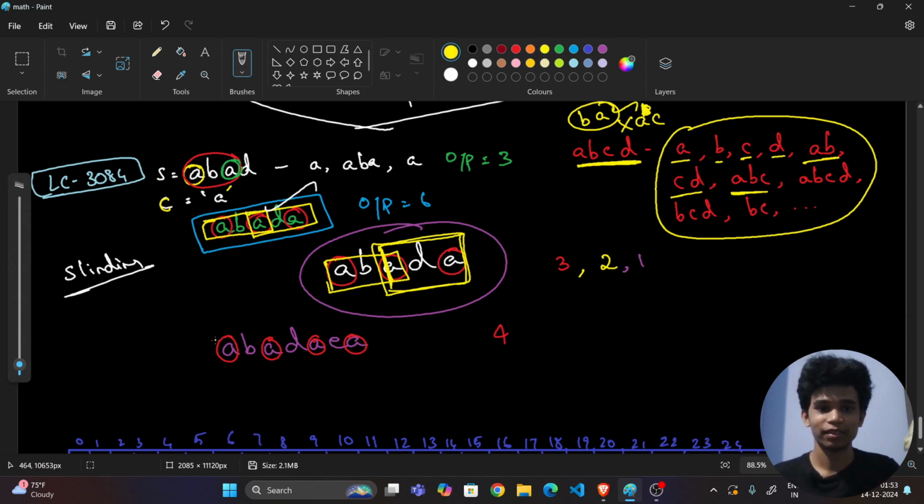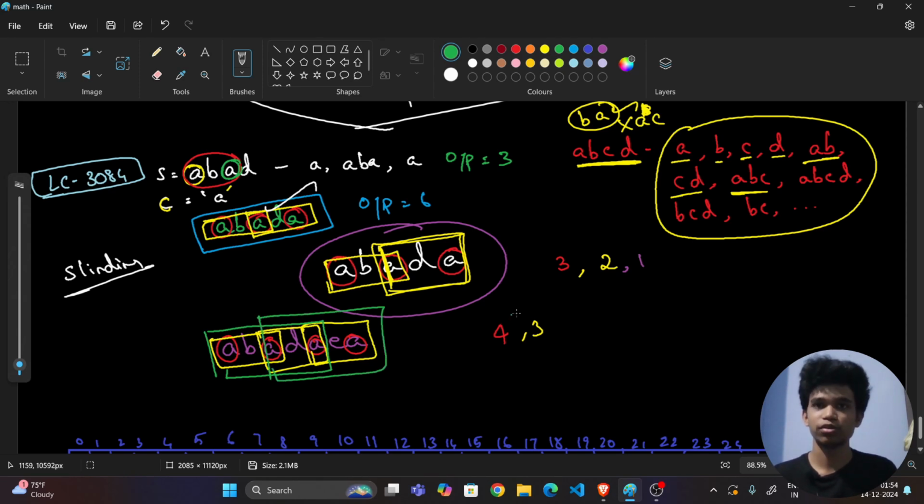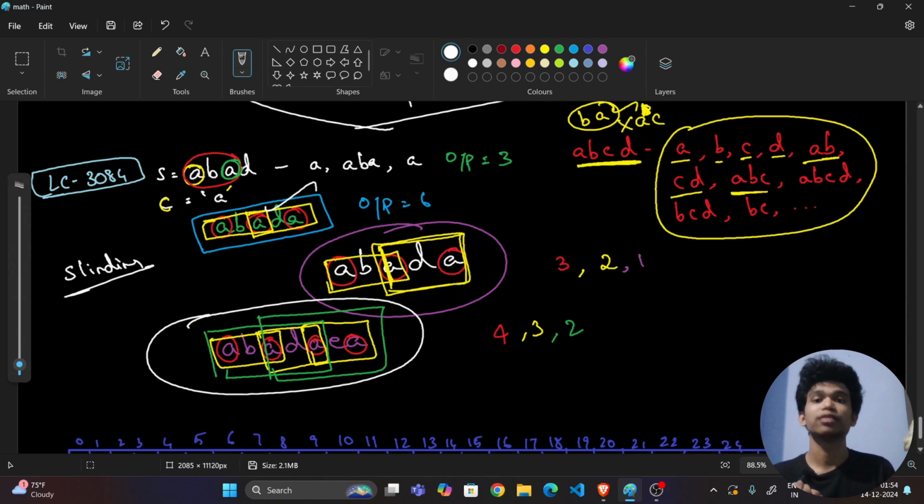Again, this A to this A, this A to this A, then this A to this A are 3 different substrings. Now from the first A to the third A and the second A to the fourth A are individual substrings, so 2. At last, the whole string is a substring which starts with A and ends with A. Be careful, I am not talking about A alone; I am just taking the C character. C is the given character.